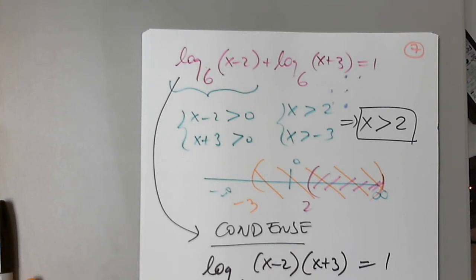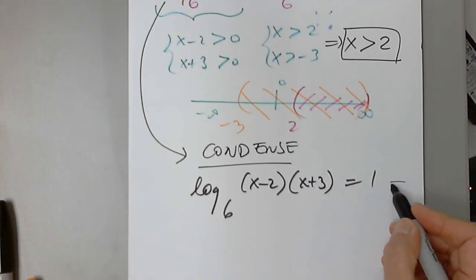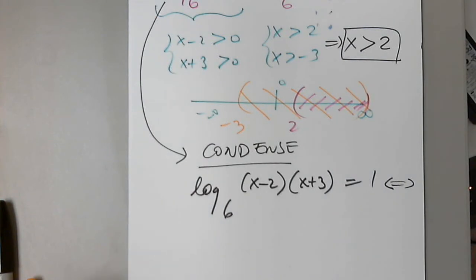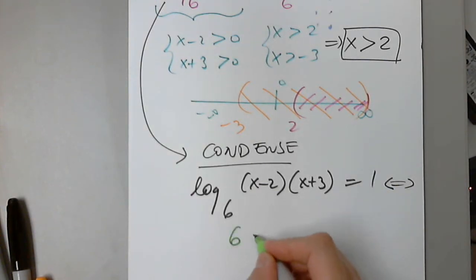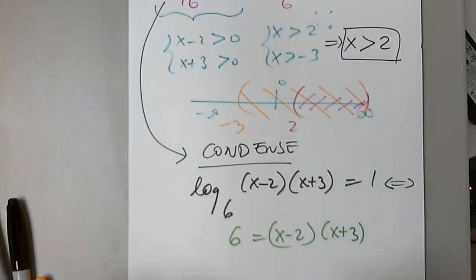Very good. Log applied to a product is the sum of logs. Excellent. It's not log times log, but log applied to the product. Great job. Okay, so now this is equivalent to an exponential equation. Do we remember how to change this into an exponential equation? X, 6 to the first power, very good, equals x minus 2 times x plus 3. Awesome, well done.